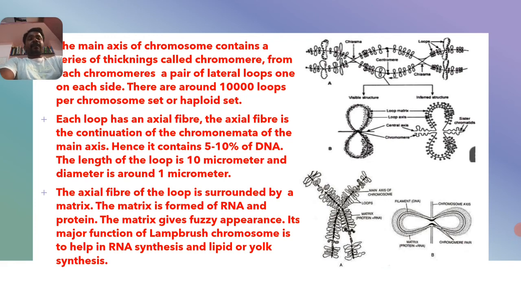The matrix is formed of RNA and protein, and this matrix gives a fuzzy appearance. The major function of the lampbrush chromosome is to help in RNA synthesis and lipid or yolk synthesis.